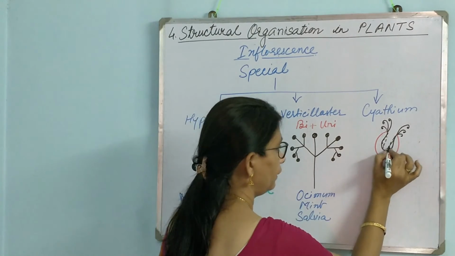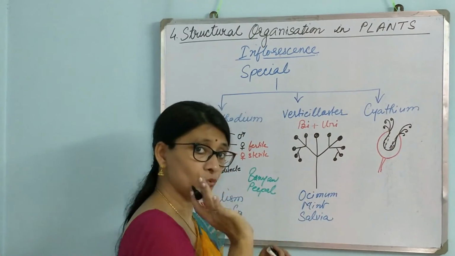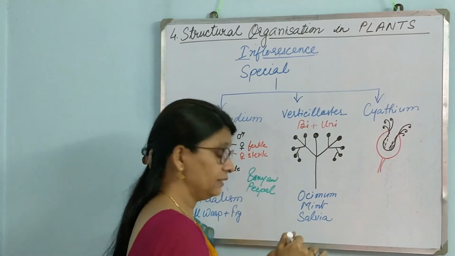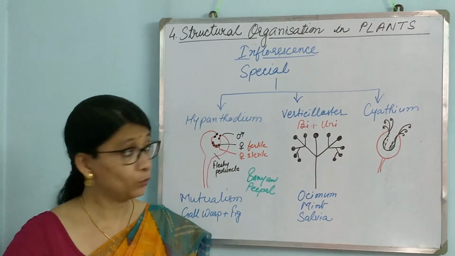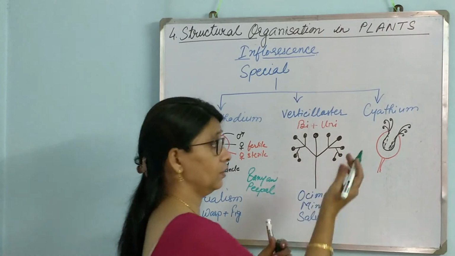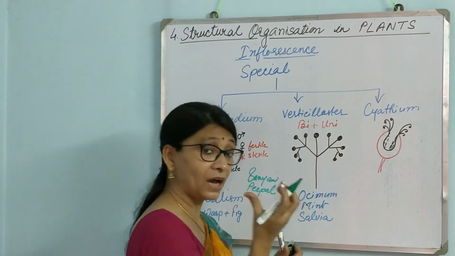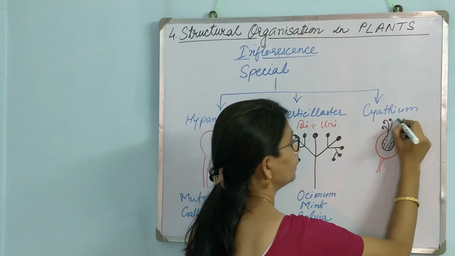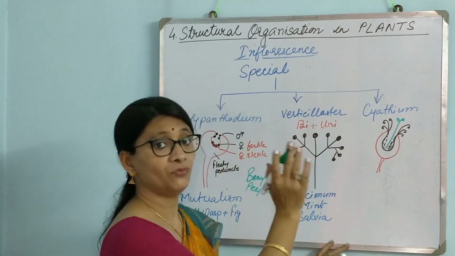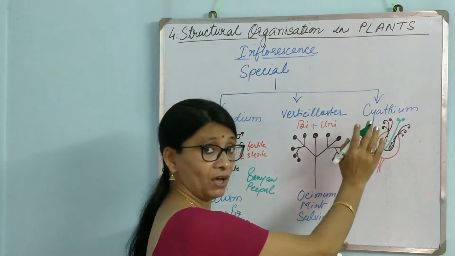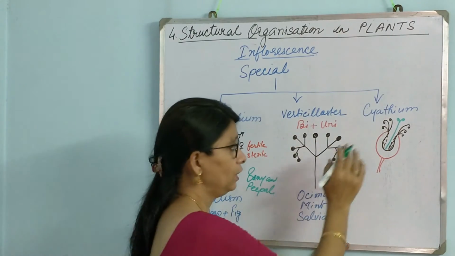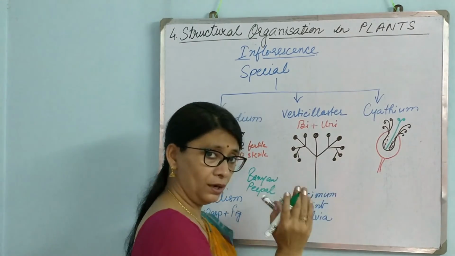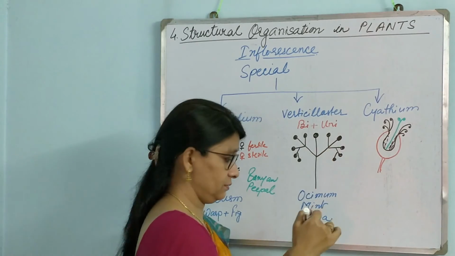So they are all individual flowers and not just one flower. There are many flowers. This is an inflorescence. Many flowers are there in this flask shaped peduncle. This is the peduncle. And then there is one female flower. So many male flowers are there and one female flower. So this is the whole inflorescence.